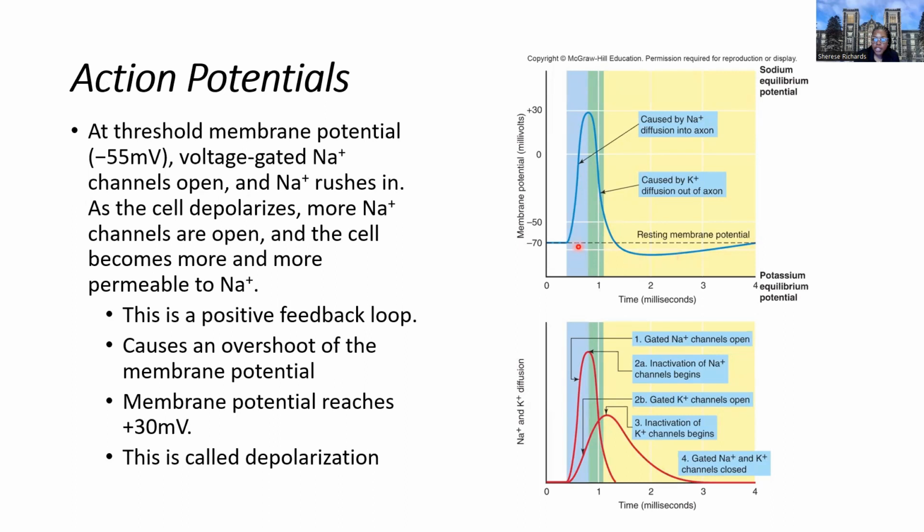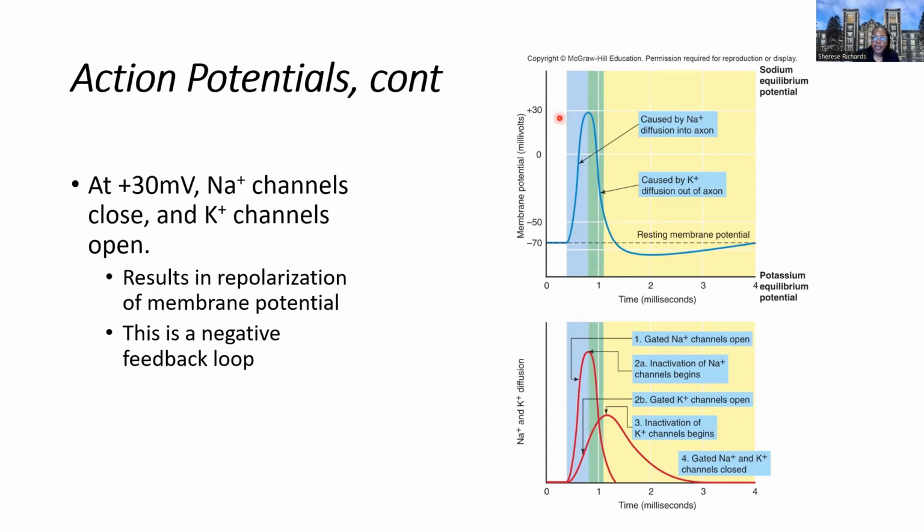And then we describe the initial change as positive feedback because we're moving away from the set point until we reach +30. And then we can think of the opposite change as being a negative feedback loop. So from +30 down below the resting membrane potential, this would be an example of negative feedback. So this is yet another example of how positive feedback changes are short, temporary, and for a desired result. And then they ultimately feed back into a bigger negative feedback loop.